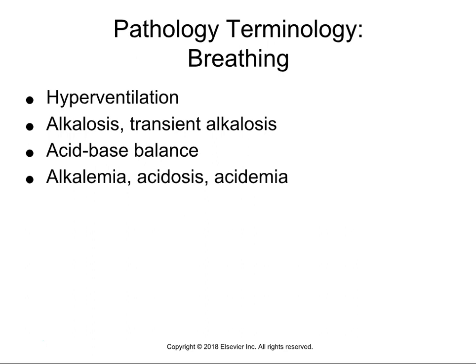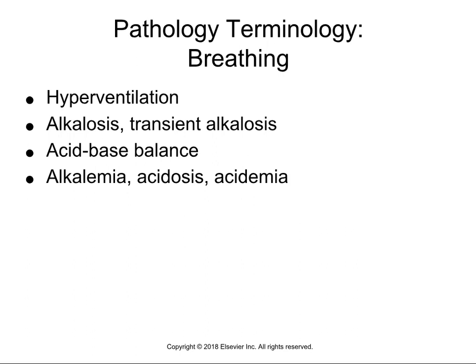And carbon dioxide contributes to acidity. So hyperventilation can cause the body to become more basic, and we call that transient alkalosis. Transient alkalosis is a period of brief duration where the body's blood is more basic or alkaline than normal.